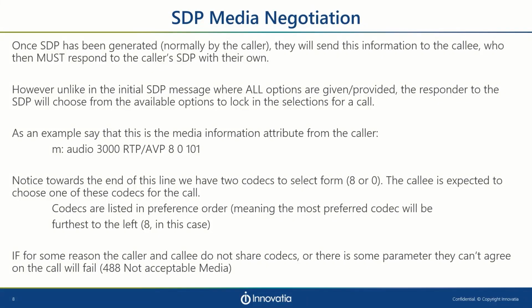And when there are no shared codecs or no shared encryption algorithm, the responder usually will send out a SIP error code of 488 Not Acceptable Media, indicating that there is something inside of your SDP which the responder was unable to find a match for within their own list of supported options.